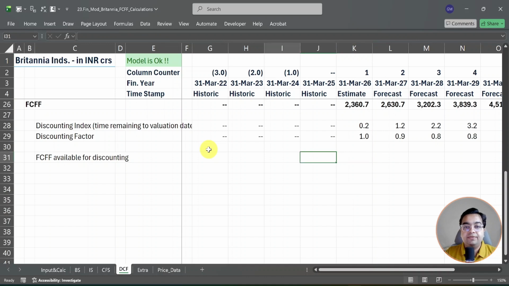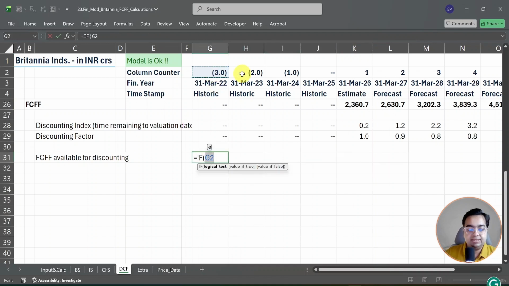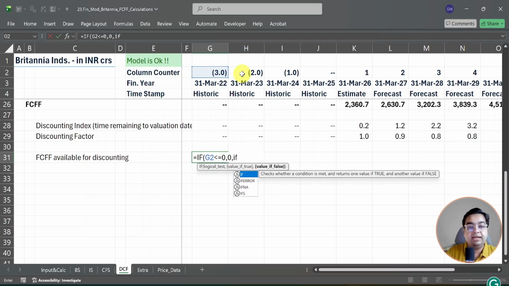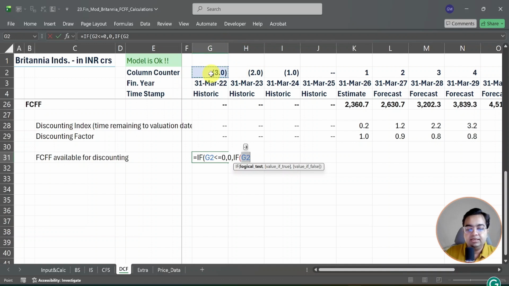In this case, once again, we are going to use the if function. If this is less than or equal to 0, keep it 0. Then secondly, check if this is equal to 1. That means we need to bifurcate the FCFF.